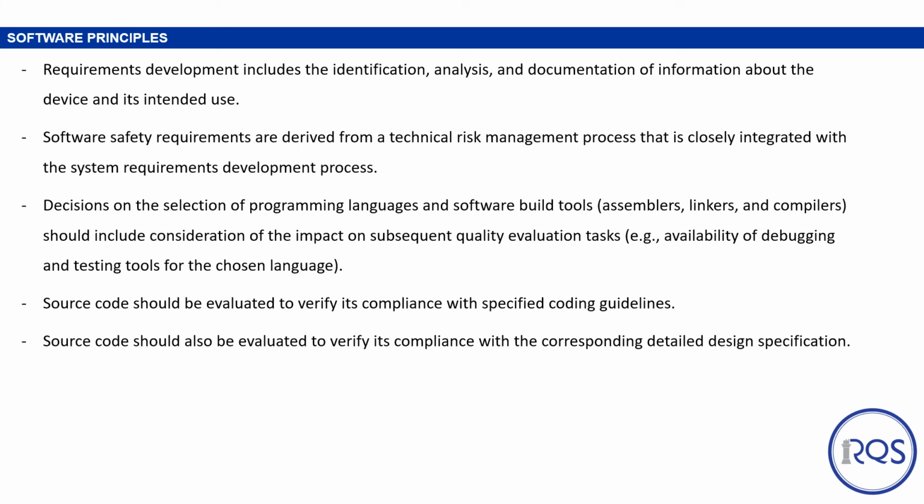Decisions on the selection of programming languages and software build tools such as assemblers, linkers, and compilers should include consideration of the impact on subsequent quality evaluation tasks, such as availability of debugging and testing tools for the chosen language. Source code should be evaluated to verify its compliance with specified coding guidelines, and source code should also be evaluated to verify its compliance with the corresponding detailed design specification.